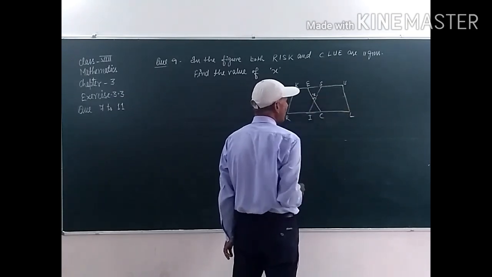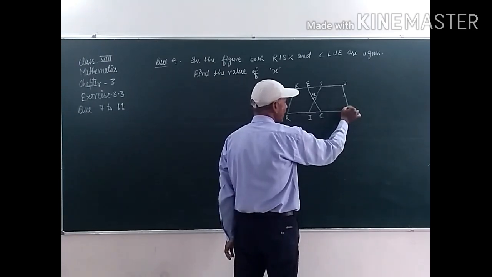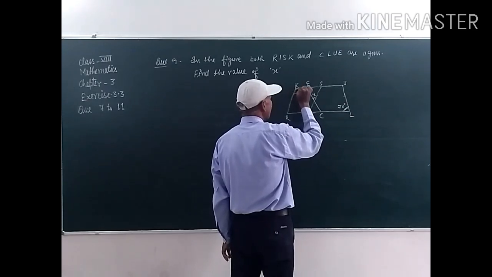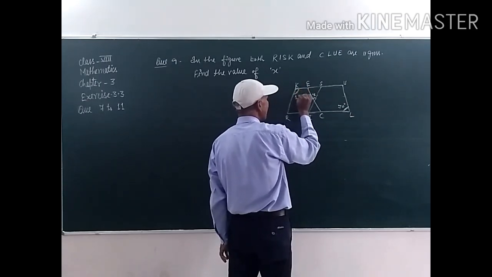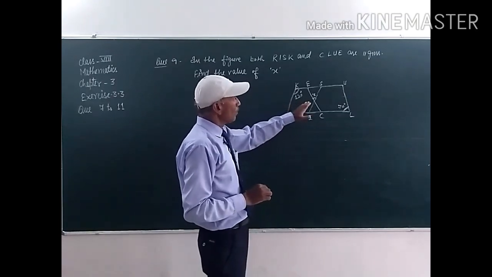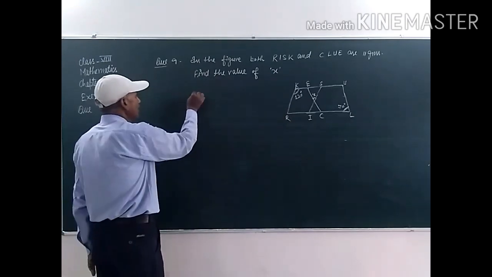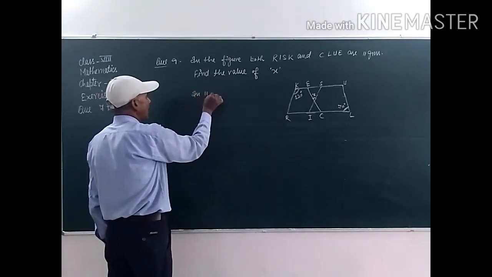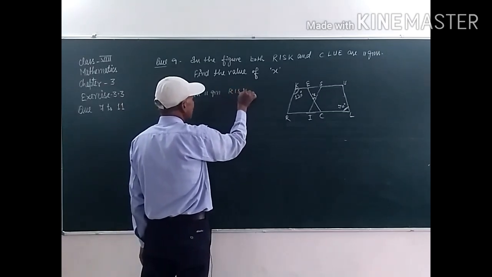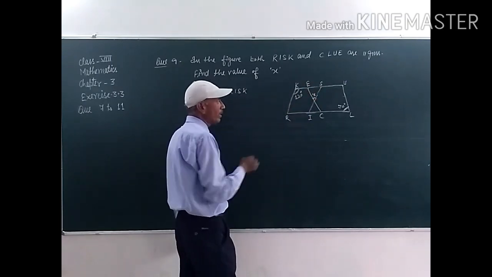This line parallel to this line, both are the parallelograms, and this angle is given, student. This angle is 70 degree, and this angle K is 120 degree. Now we have to find out the value of x. So first of all, in parallelogram RISK, we are taking first parallelogram, student.